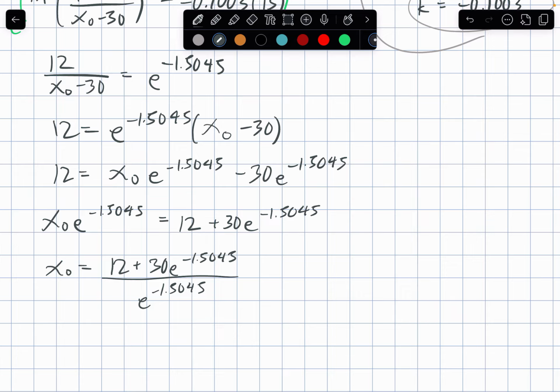Okay. Calculate. One point 5045. So x sub o is 84.02.